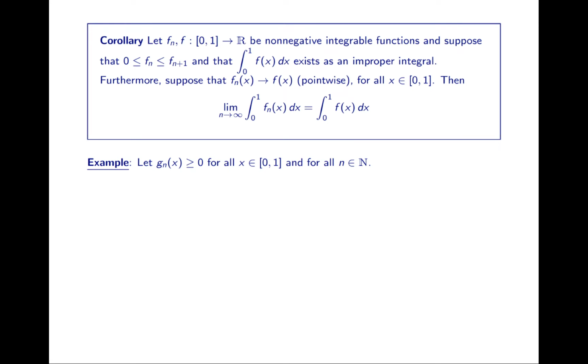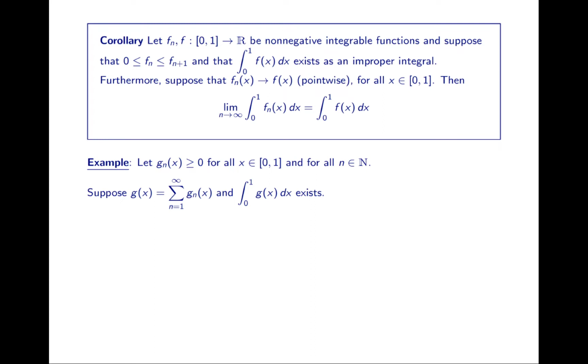So let's take a look at an example. Now that we've proved the corollary, let's apply it. Let gn be non-negative, and let g of x equal the series of functions gn of x. So we're supposing that, in fact, that equality is valid.